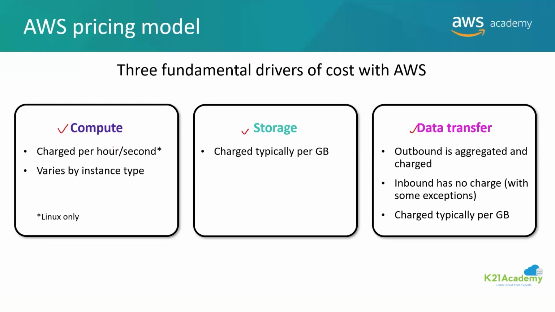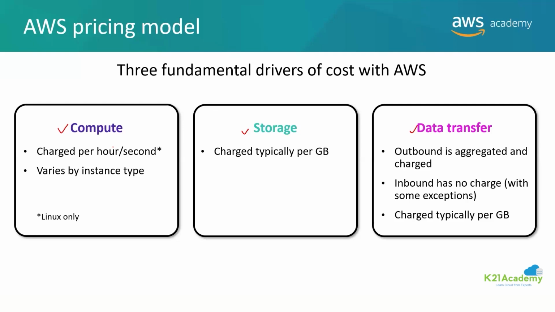Now remember, in most cases, there is no charge for inbound data transfer, or for data transfer between two different AWS services within an AWS region. What exactly a region is, I'll explain shortly.